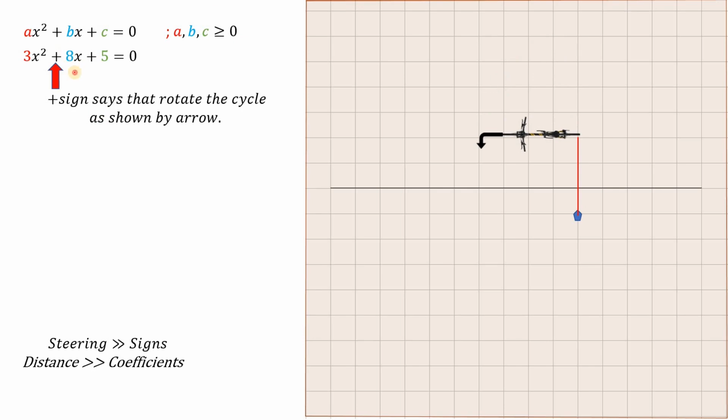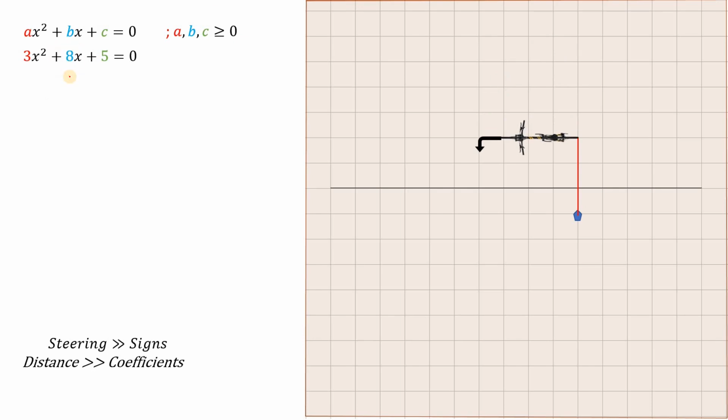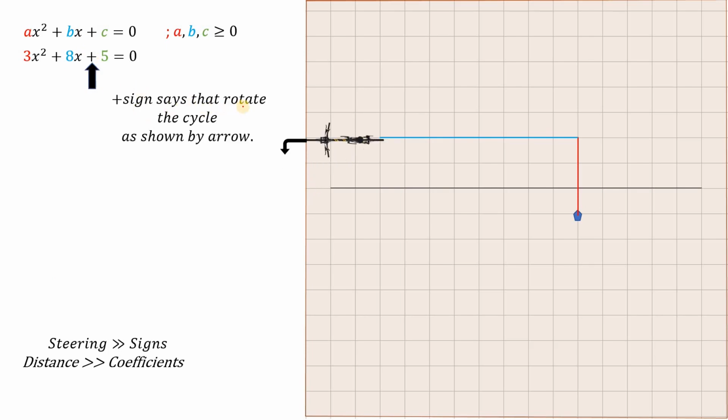Then comes the turn of 8. So 8 means the coefficient, so we cover the distance of 8 units by using the cycle. Then similarly the turn comes for this positive sign. The positive sign says that rotate the cycle as shown by the arrow.